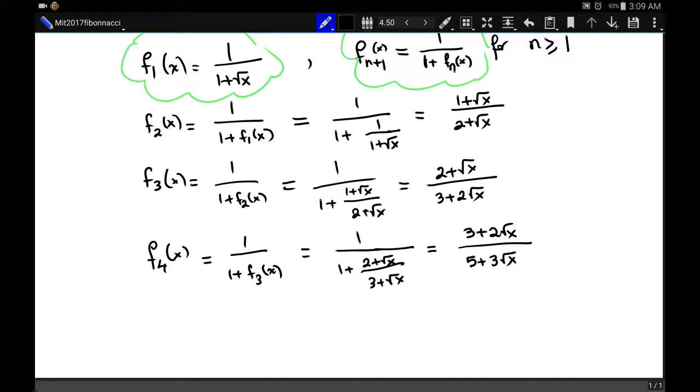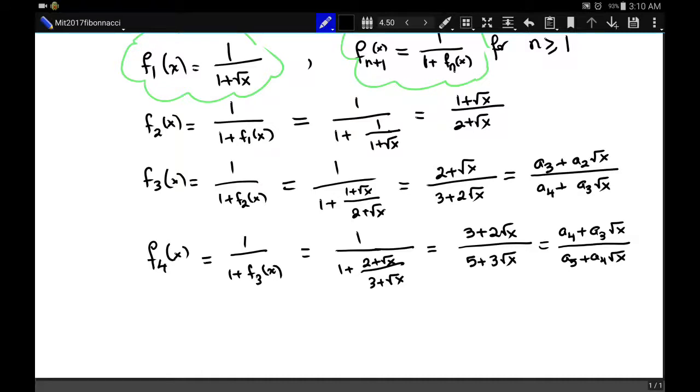So I can observe that the 3 here is a4. I can write this as a4 plus a3 root x divided by a5 plus a4 root x. So this is f4. Similarly, this one, f3, is a3 plus a2 root x divided by a4 plus a3 root x.